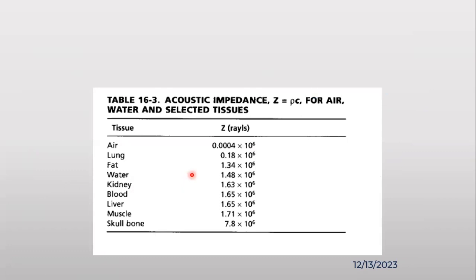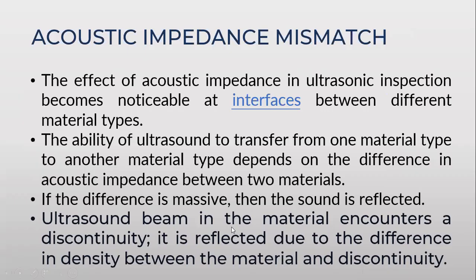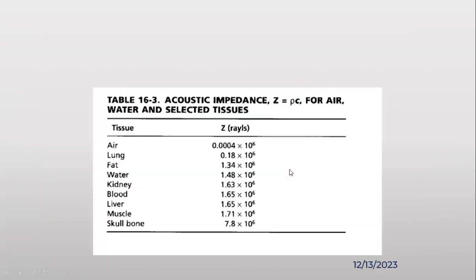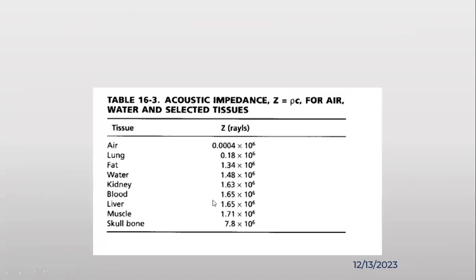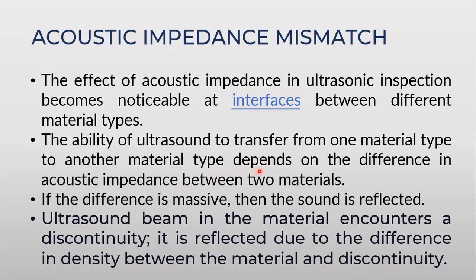That means if the sound travels from air to bone, the ability of the ultrasound to transfer from one material type, for example air, to another material type, which is bone, depends on the difference between the acoustic impedances of the materials. So what is the difference?